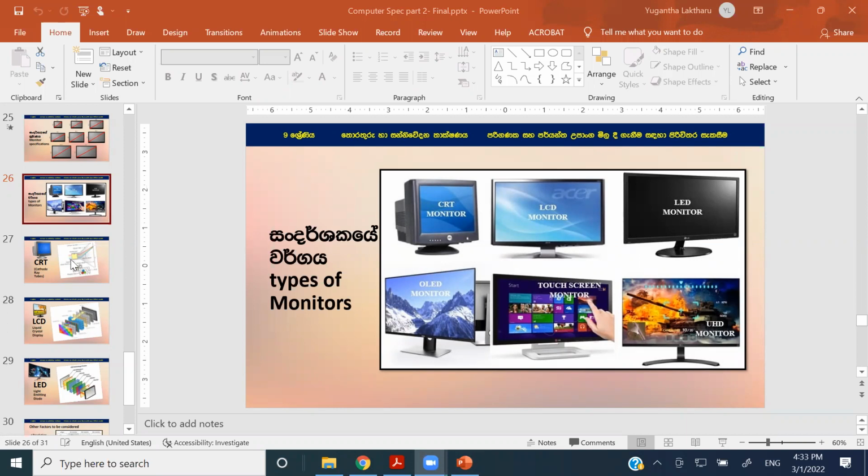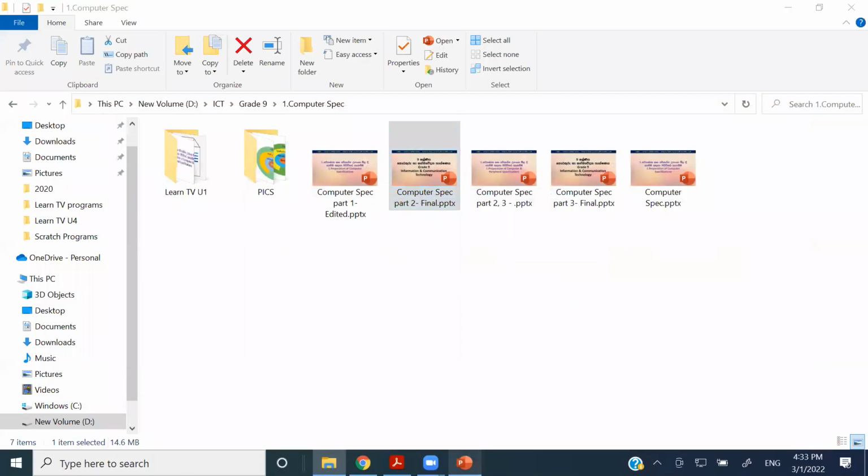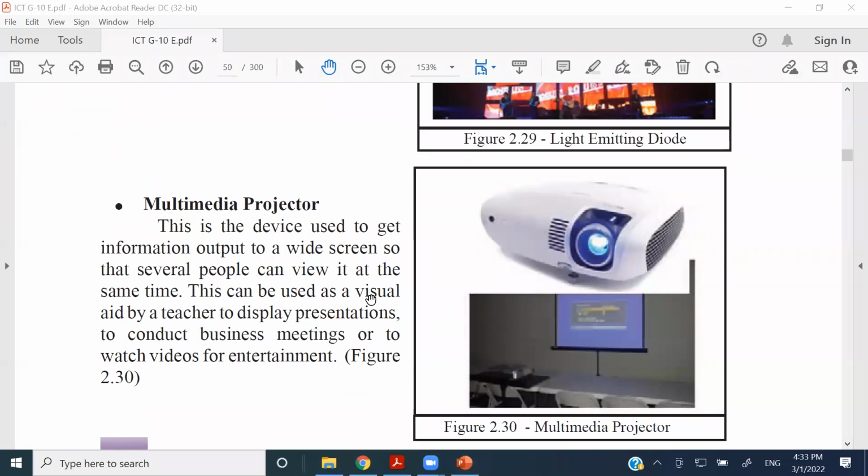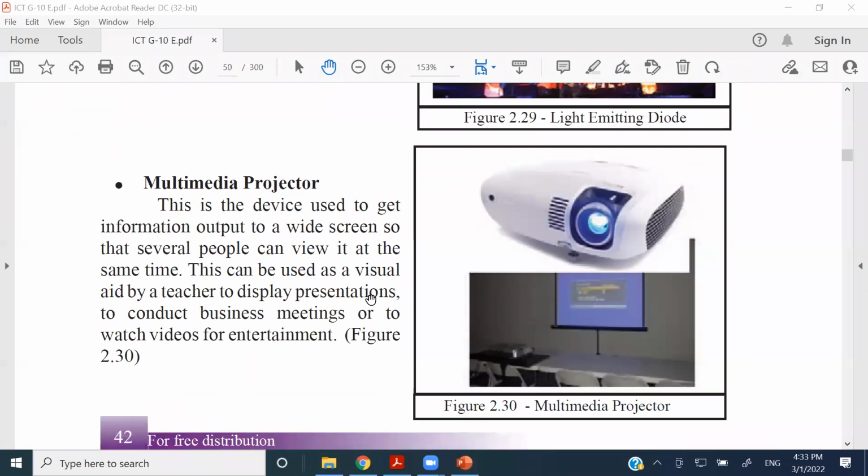The three colors are red, green, and blue, right? We call it RGB when it comes to computing, right? The same thing goes with the projector when it is projecting things on a wall.